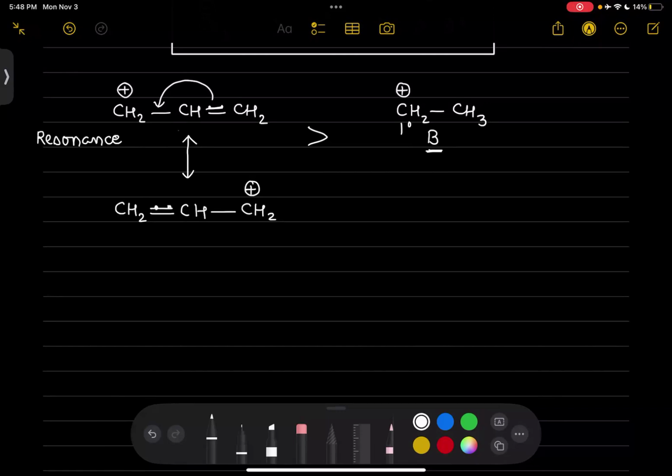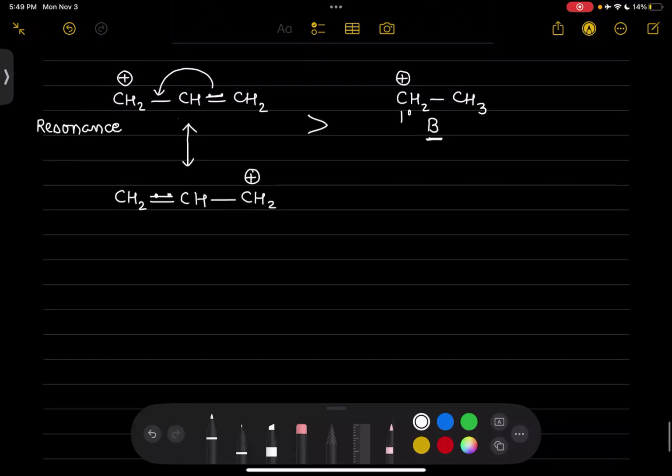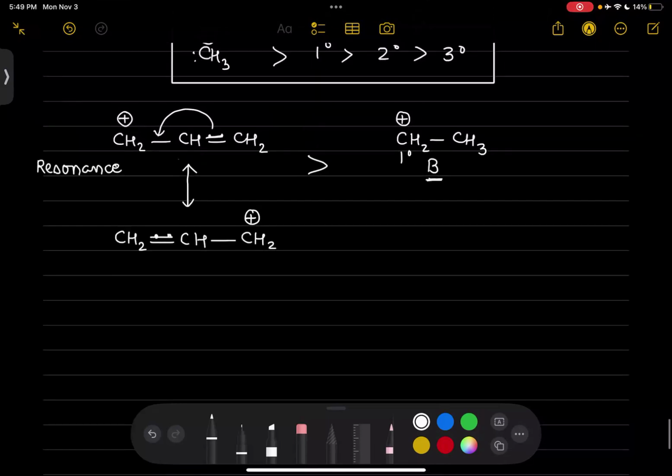Is it clear? Lone pairs, single electrons, odd electrons: odd electrons are known as free radicals.